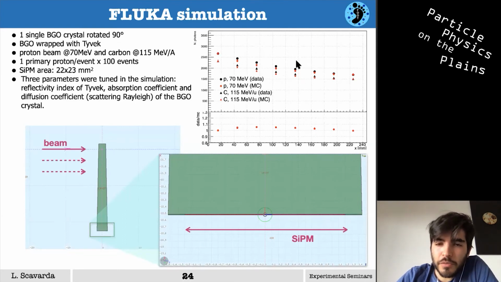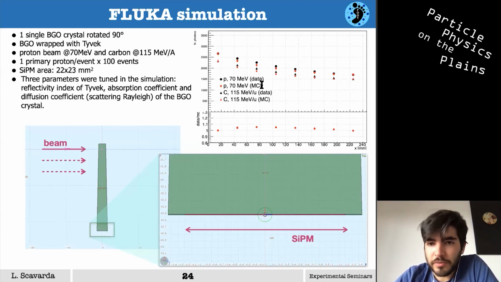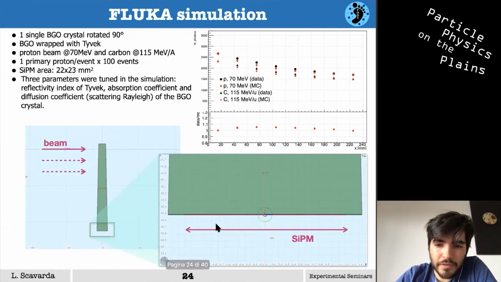As you can see from this plot, in black we have the data acquired at CNAO, with the circles for the 70 MeV proton and the triangles for the 150 MeV per nucleon carbon. And in red, we have the Monte Carlo simulations. So we can see that the agreement is within 5%. I also simulated the silicon photomultipliers, but only as an active area inside the BGO, in order to count the number of photons collected in this area for the different beam positions.